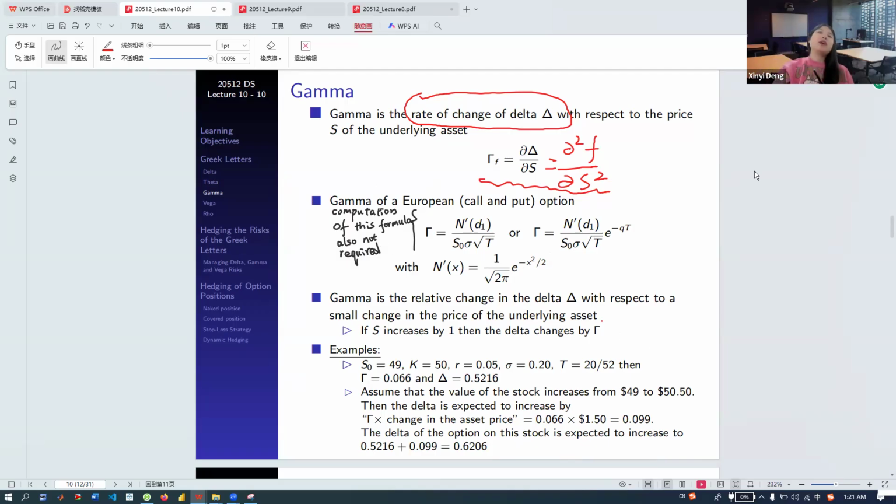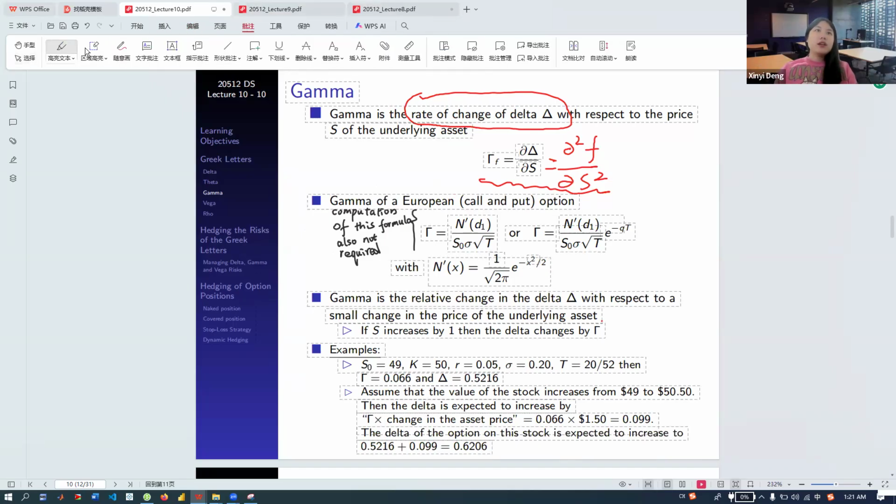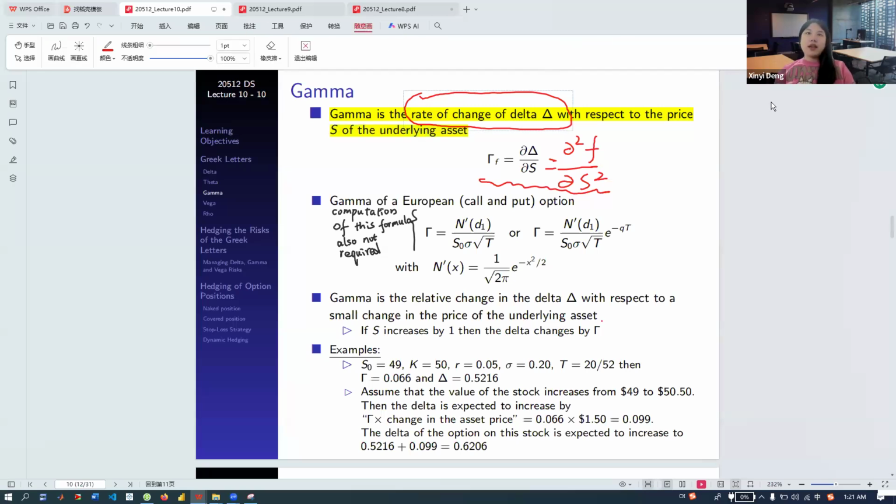Computation of this formula is not required. As I said, for the Greek letters, it's more important for you to understand the implications, like the first bullet point here, and know how to apply that implication.